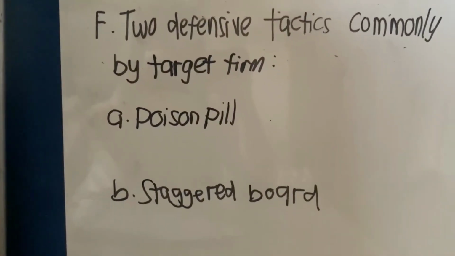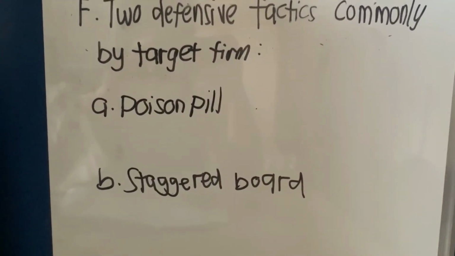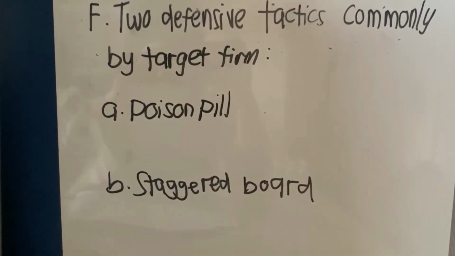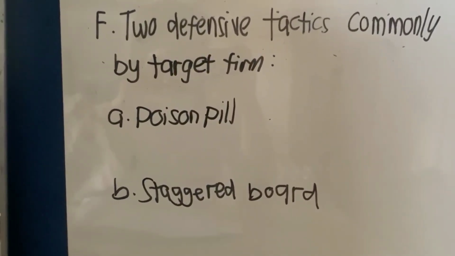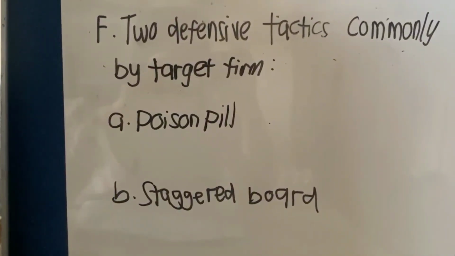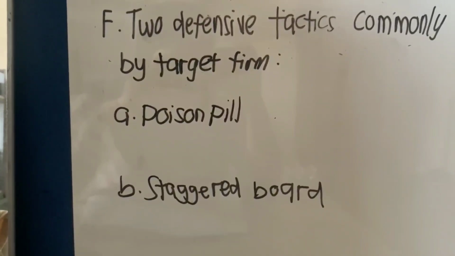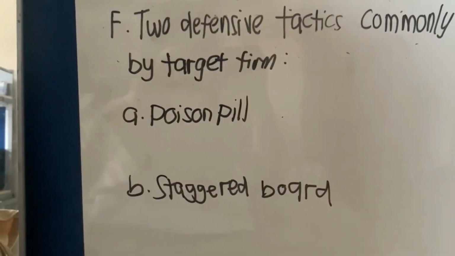For the second one is staggered board. A staggered board, also known as a classified board, divides the board of directors into classes, each of which serves a staggered term. This makes it difficult for an acquirer to achieve complete control of the board in a single proxy war or takeover attempt.